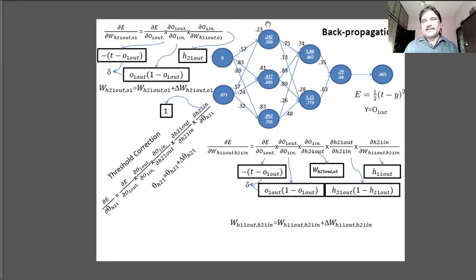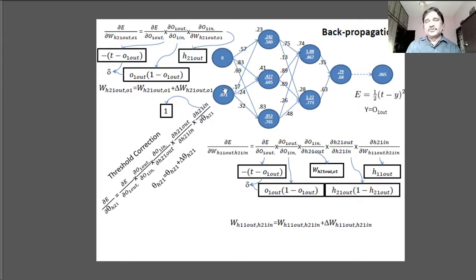That will happen to be delta here, and this delta will have to be multiplied by H out here. That will be the weight correction here. H11 out here will be the same value, because here we are not applying any sigmoidal function. Okay, that will be giving you the correction here.